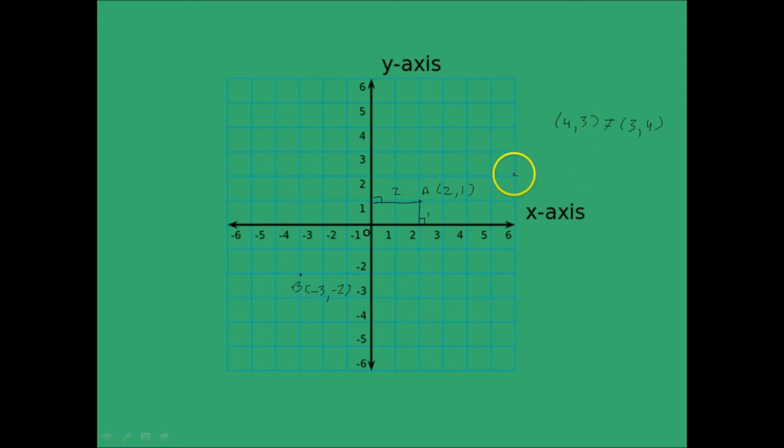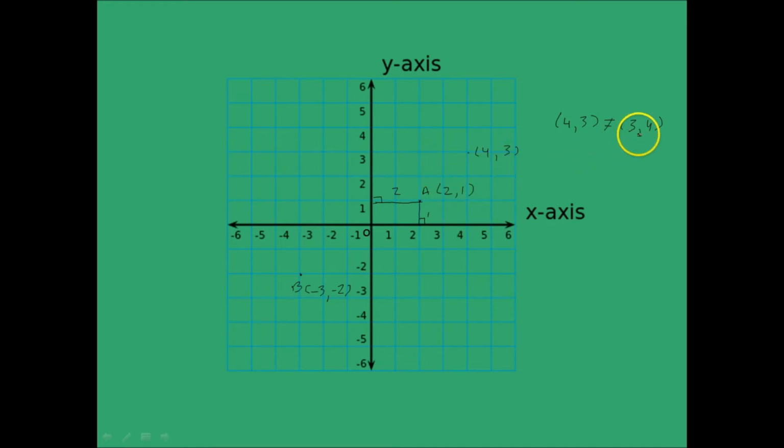When you talk about (4, 3), it says the point of discussion is 4 units from the y-axis, that is 1, 2, 3, 4, and 3 units from the x-axis, 1, 2, 3. And so this is the point (4, 3).